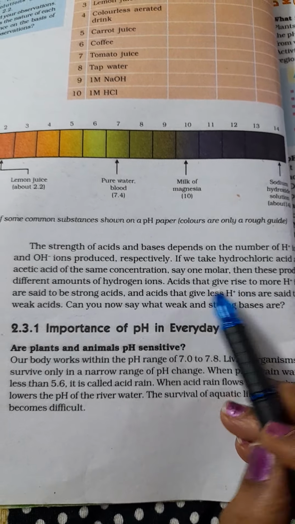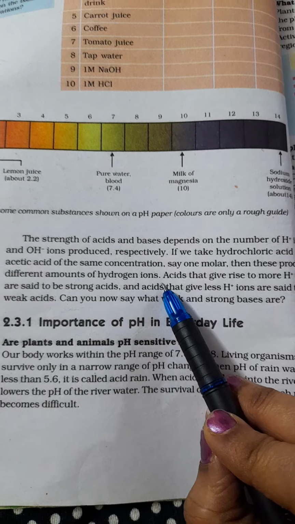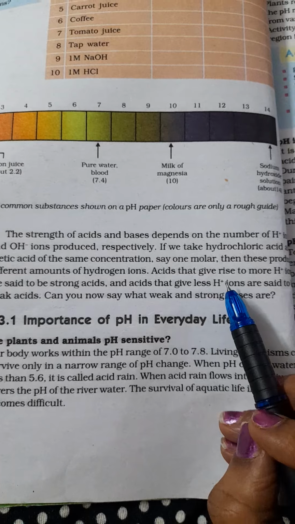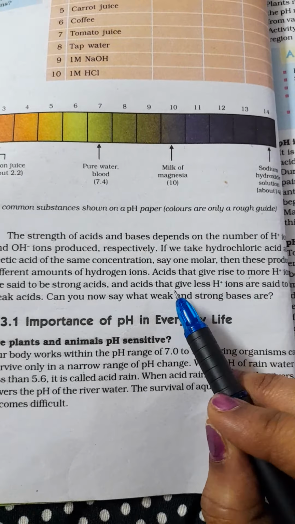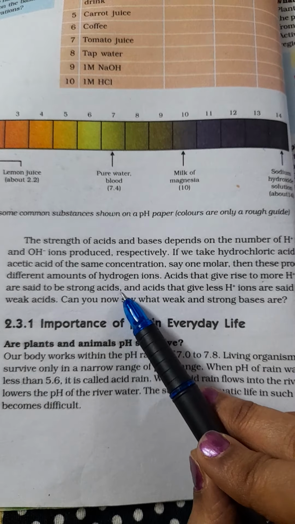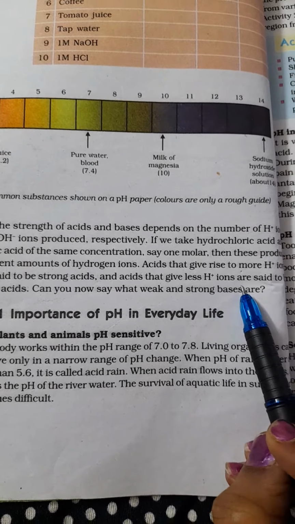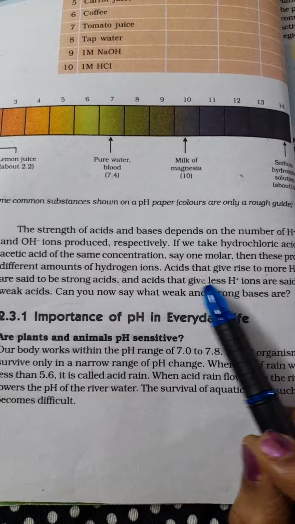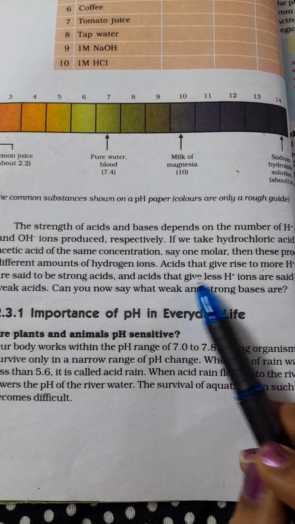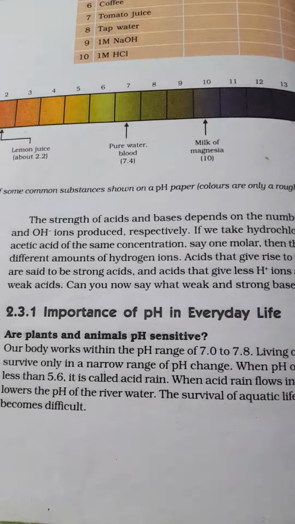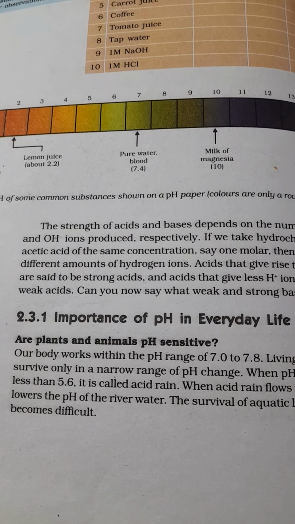They produce different amounts of hydrogen ions. Those that give rise to more H plus ions are said to be strong acids, and those with fewer H plus ions are weak acids. So acetic acid is a weak acid and hydrochloric acid, HCl, is a strong acid.